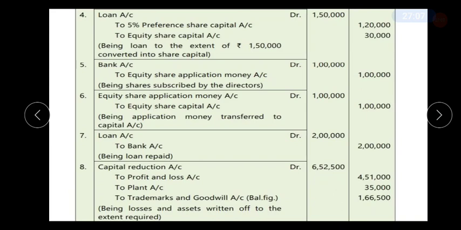The very next entry is equity share application money account debited to equity share capital account. Finally, it should come to equity share capital. So this is the equity share capital subscribed by directors, 40,000 equity shares of rupees 2.50 each. So now there is nothing left in share application money. The amount which is credited here is debited here. So now this share application money goes to equity share capital account, 1 lakh. So that's it.